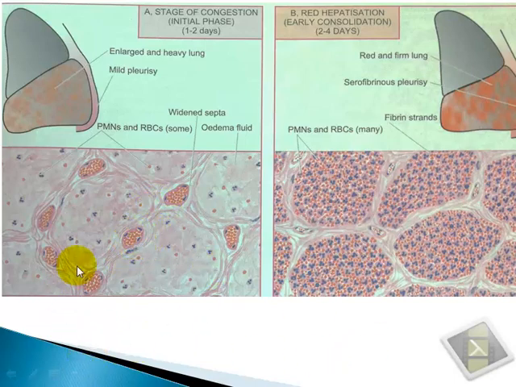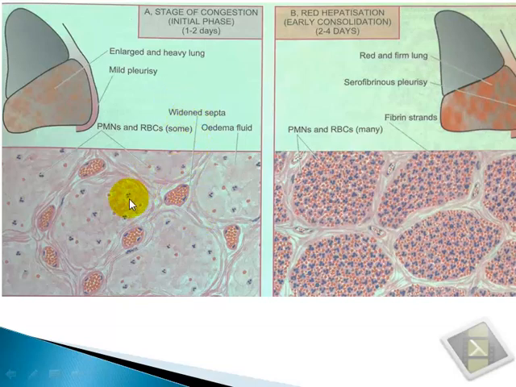Stage of congestion, called the initial phase, starts within 1 to 2 days. The lungs are enlarged, heavy. There is mild inflammation of the pleura, which is called mild pleurisy. If you see the histological section, because of increased amount of blood inside the capillaries, there will be edema in the alveolar space, which will cause widening of the septae.